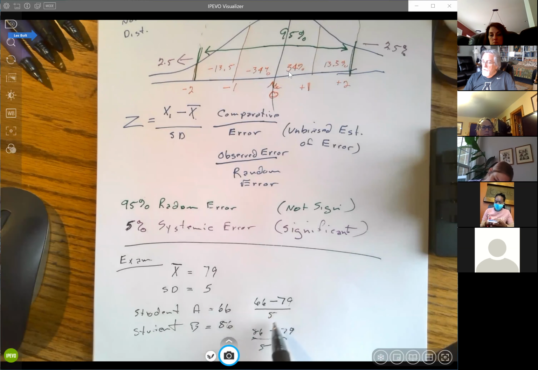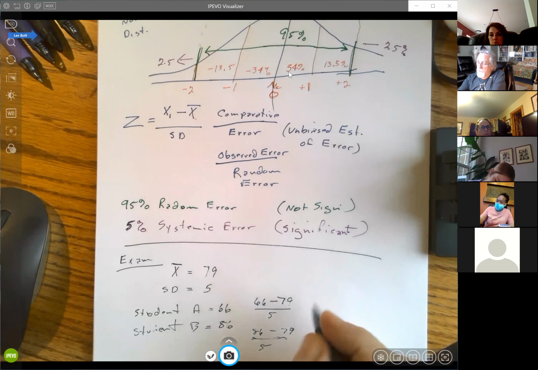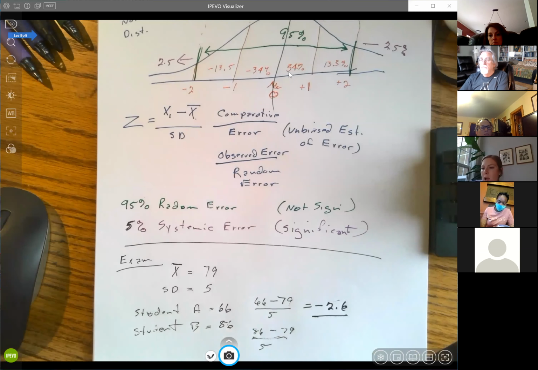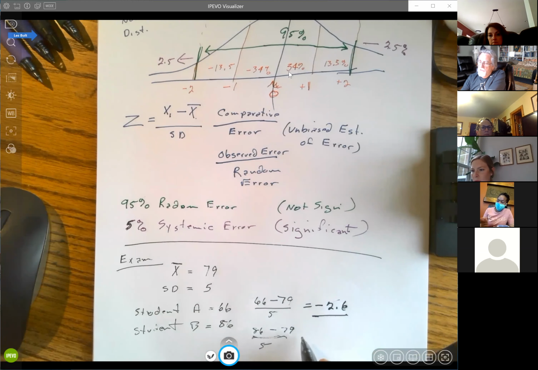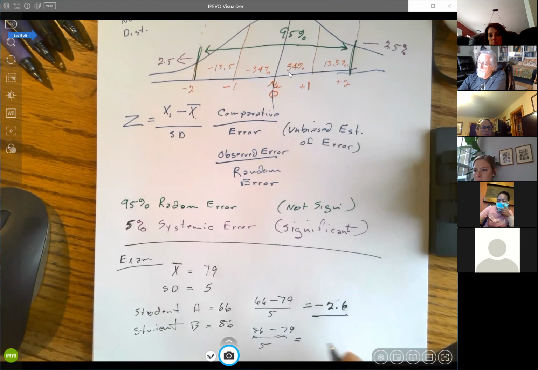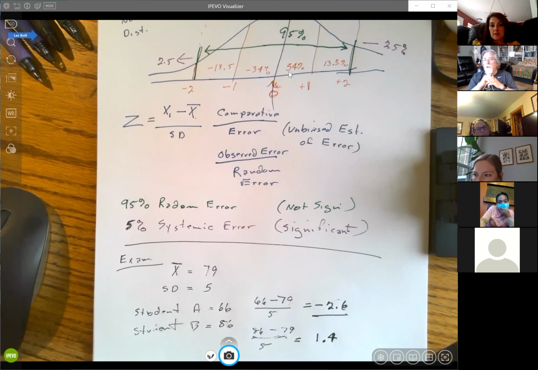Minus 13 divided by 5 is minus 2.6. Minus 2.6 z-score. And 86 compared to 79 divided by 5 ends up being 7 divided by 5. And so this ends up being a positive 1.4. I hope I can still do simple math.